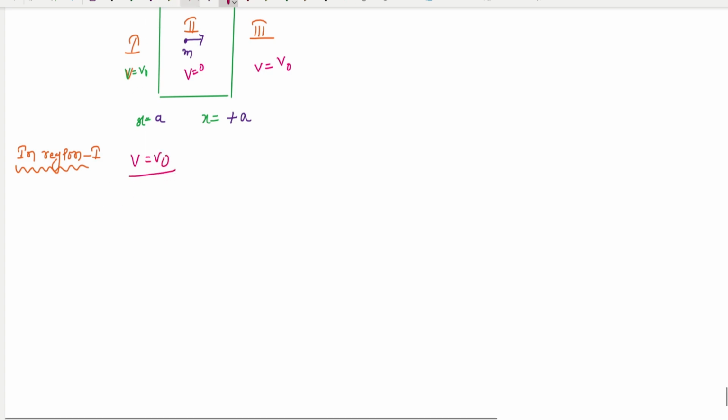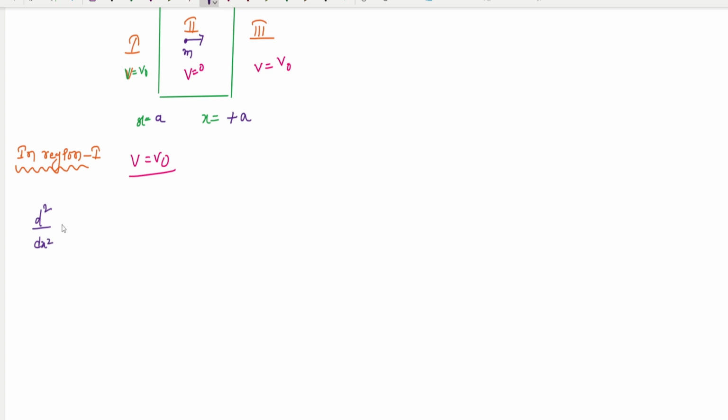In case you try to solve the Schrodinger equation by using this potential energy, we already know the Schrodinger equation: d square psi divided by dx square plus, in case you really want to see the quantum mechanical notations, for more clarity, I'm going to write the Schrodinger equation like this.